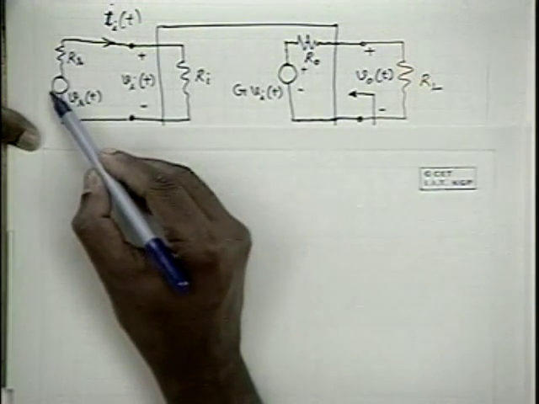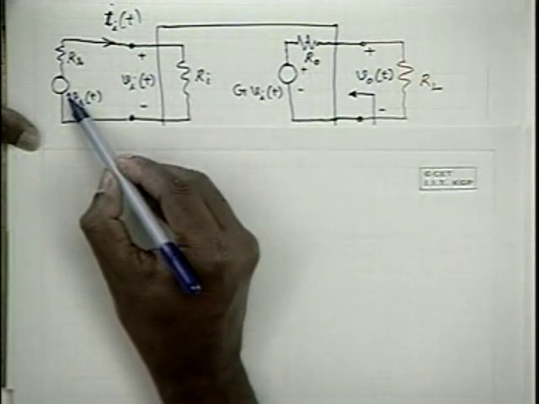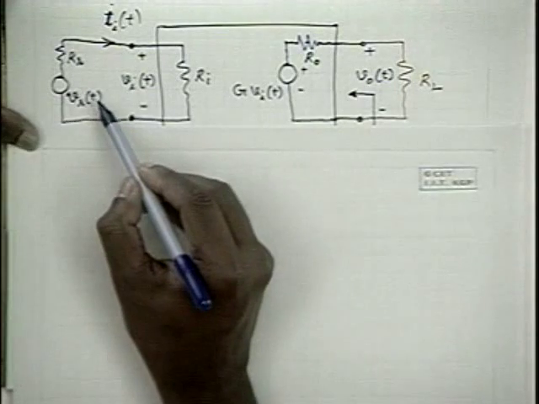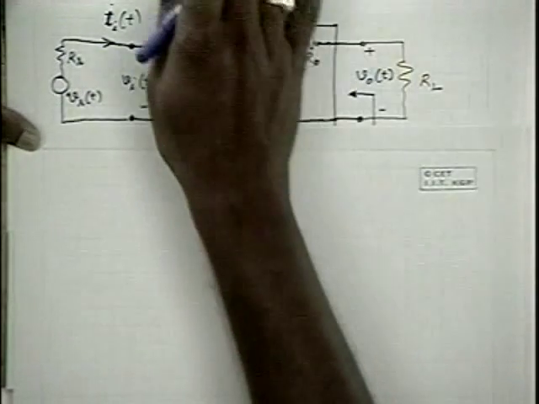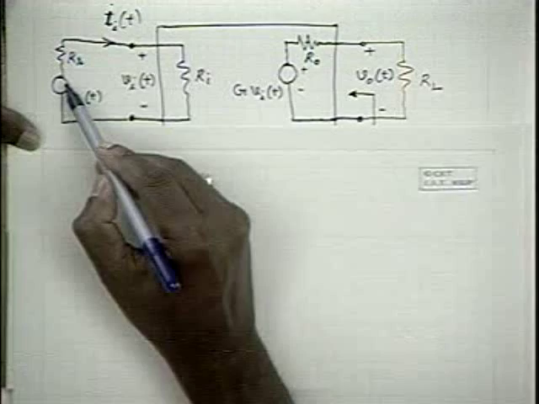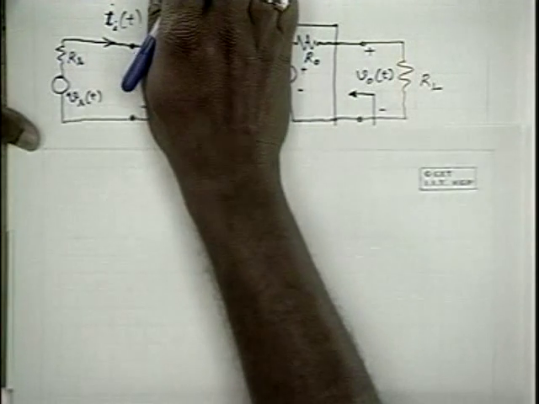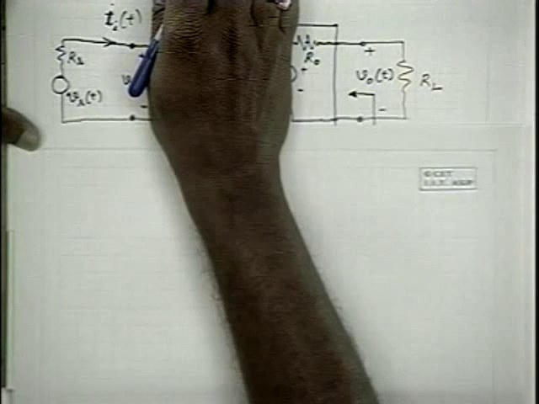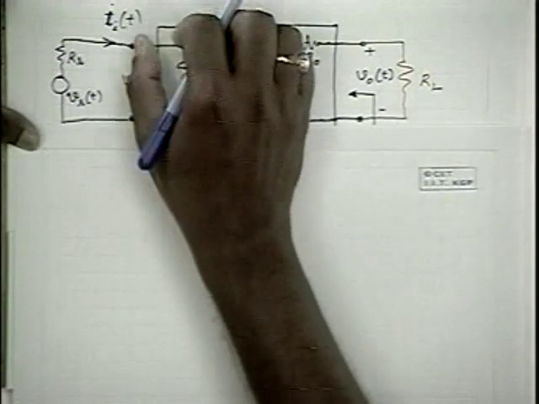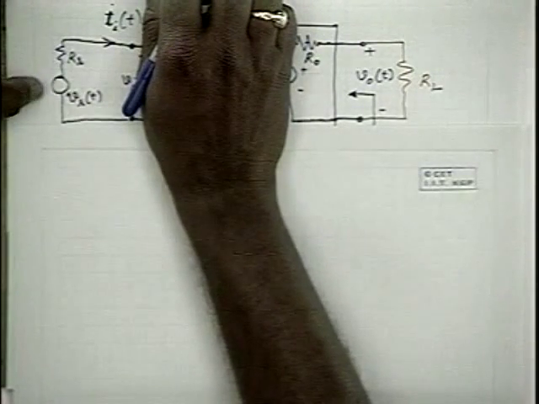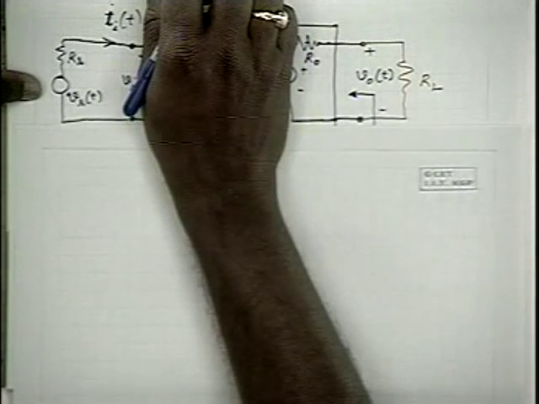Now, if you are interested to express it in terms of VST, what is VST? If I open circuit the source terminals, whatever voltage appears across the terminals is the source voltage. When it is not loaded, that is the open circuit voltage of the source.